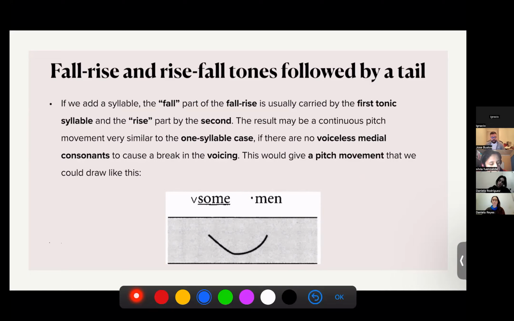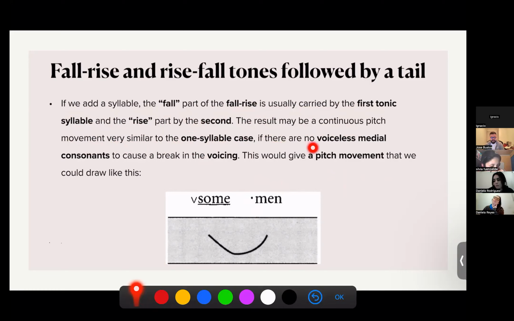Remember that. Okay, so if we add a syllable like this one, men, the fall part of the fall-rise is usually carried by the first tonic syllable and the rise part by the second. The result might be a continuous pitch movement very similar to the one-syllable case.